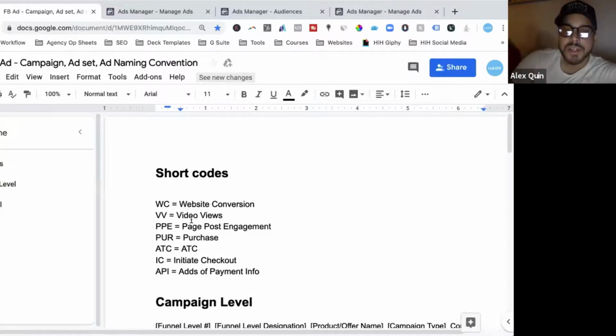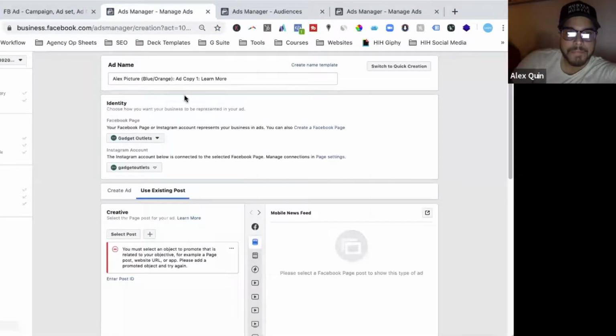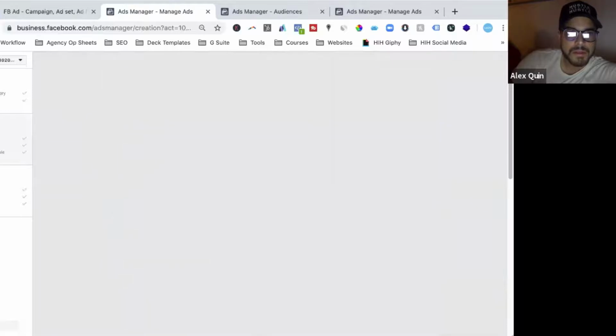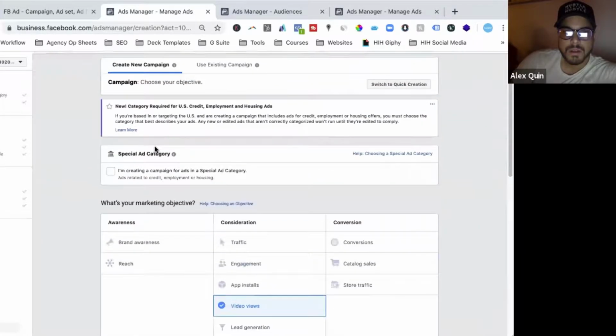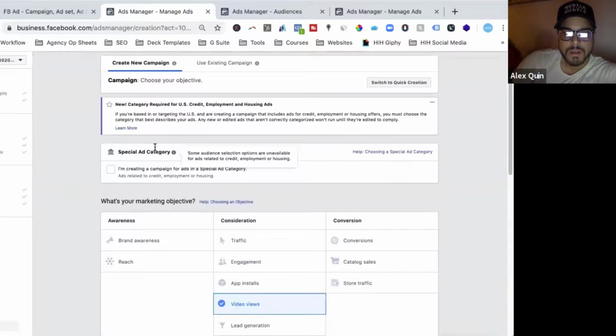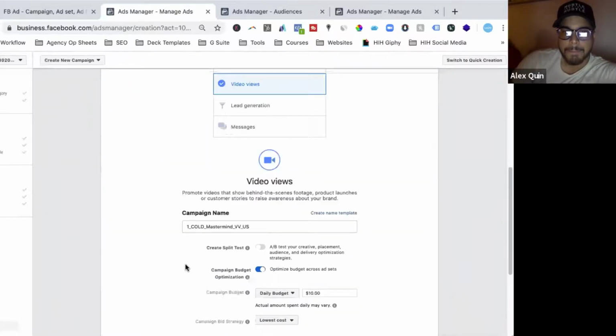So when you start seeing the names of campaigns, something like this, I named this campaign 1, which is the number of the funnel, cold, because it's a cold audience that we're targeting, Mastermind, because we're targeting them to sign them up to the Mastermind.